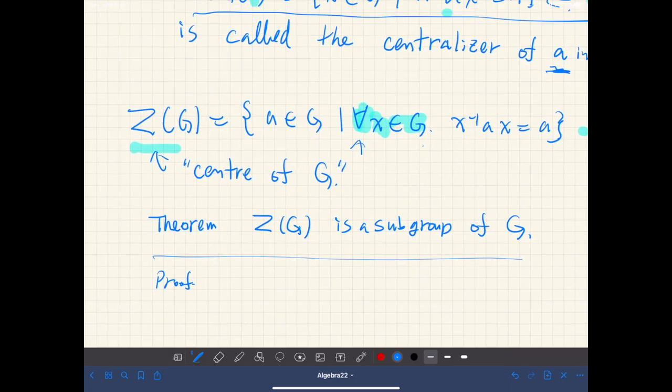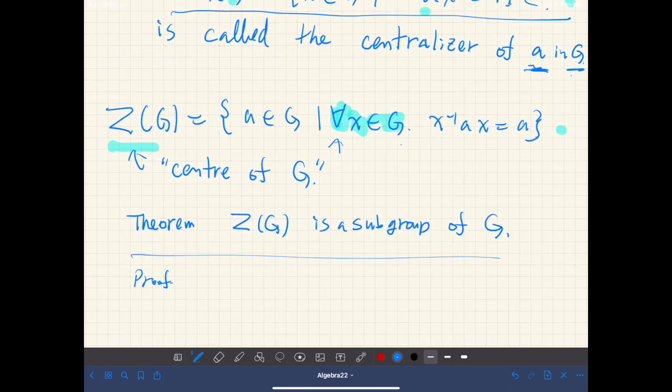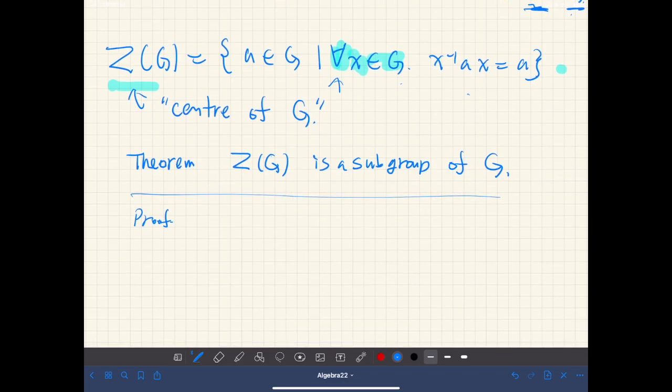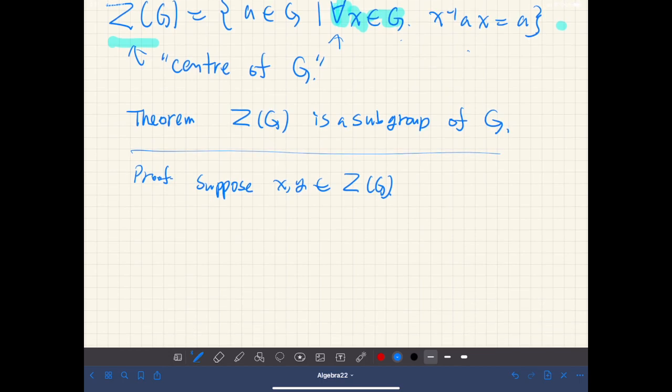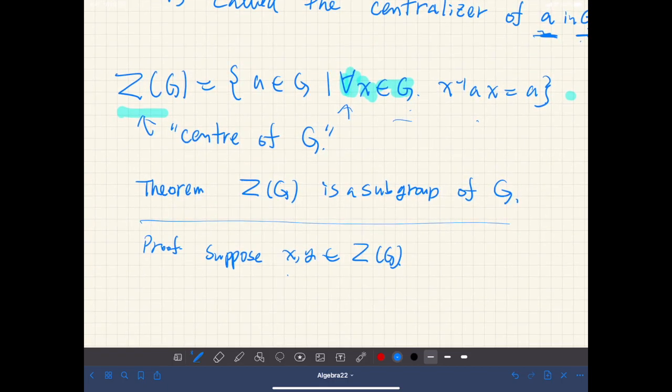You should prove that this is non-empty first, but I will leave that as an exercise. And now suppose we have x and y that belong to the center of G. That means x and y commute with all elements of G, by definition.